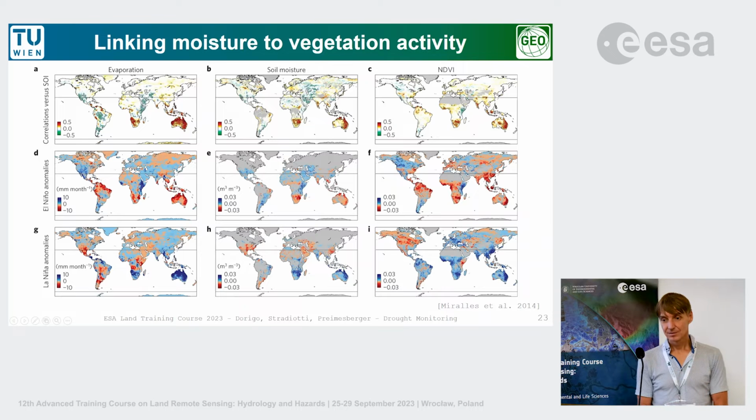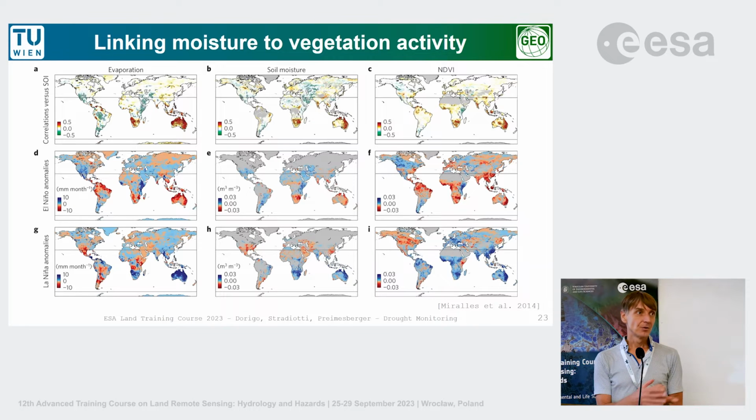So once you get into El Nino conditions, you have less soil moisture and also less plant growth, not only in Australia, but also, for example, in southern Africa. And the opposite is also very nice. In years of El Nino, you have the opposite sign in, for example, Eastern Africa, so wetter conditions than usual.